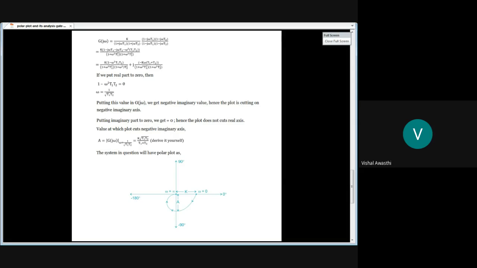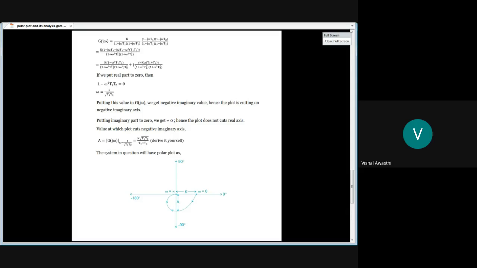But in your imaginary section, when you put imaginary part equal to 0, your frequency is coming as 0. It means at omega is equal to 0, this will cut your real axis. Whereas at omega is equal to 1 upon under root T1 T2, it will cut your imaginary axis.